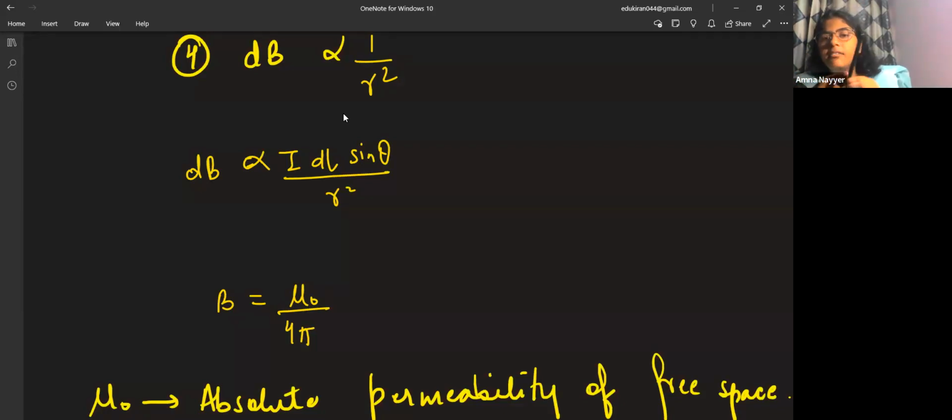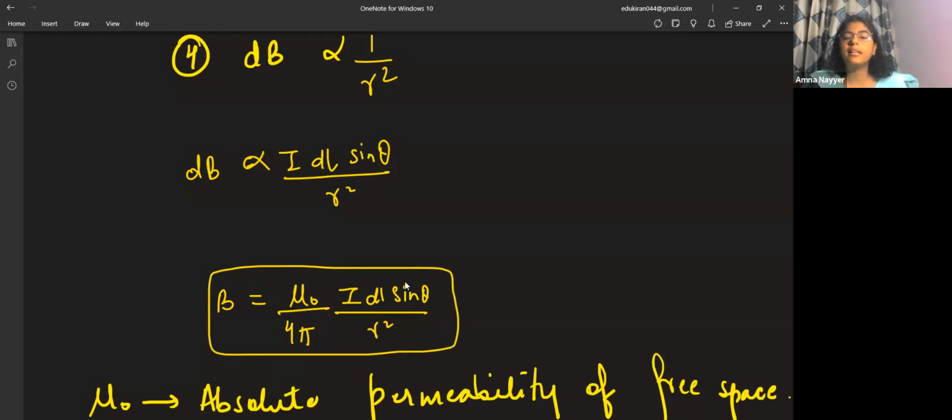Because you have taken a wire, you can find out current here also, magnetic field here also. That separation and the current element, the wire, the angle between them we take as theta. The constant that we put here is mu naught by 4 pi. So the rest of the things become I dL sine theta divided by r square.